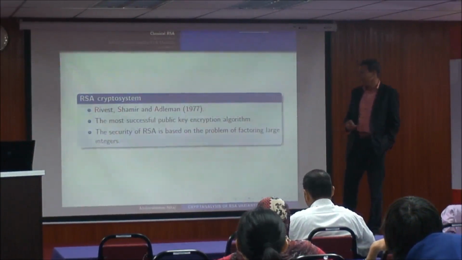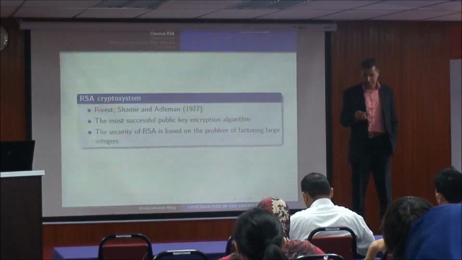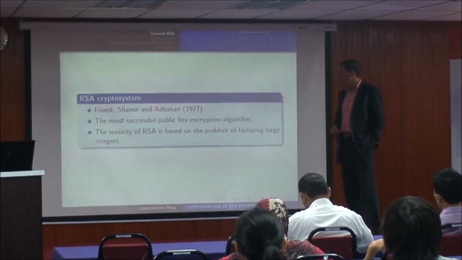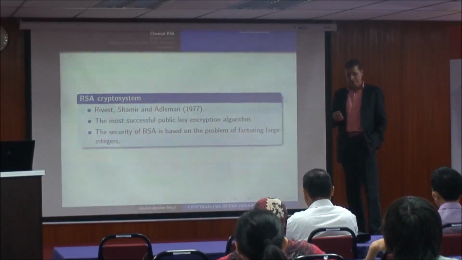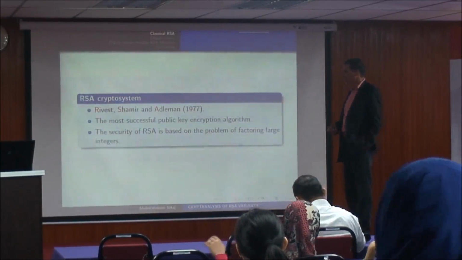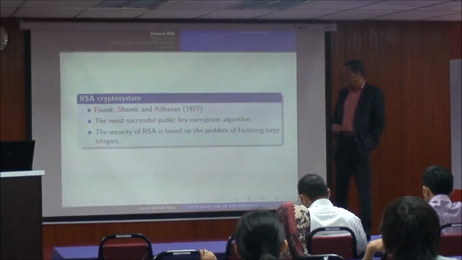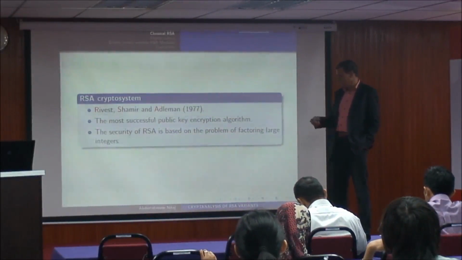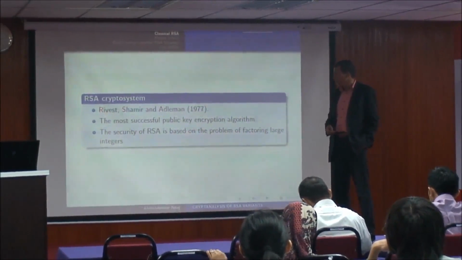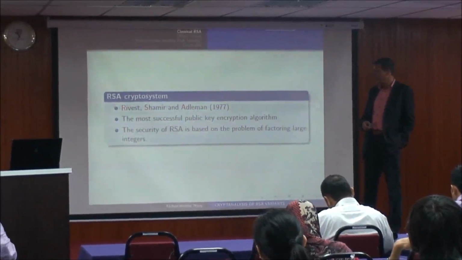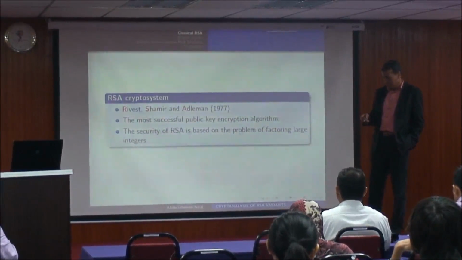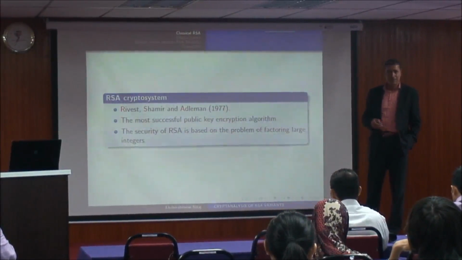So the classical RSA system is famous and very easy to understand. RSA was developed by Rivest, Shamir, and Adleman in 1977. It is the most successful asymmetric encryption algorithm and is widely used.